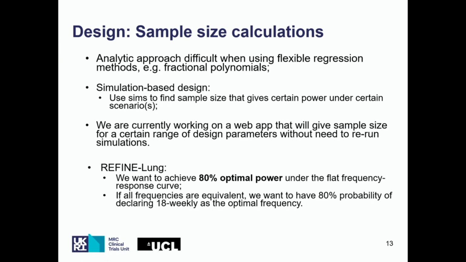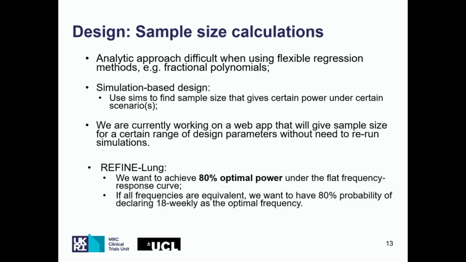In terms of sample size calculations, once we have decided on a specific definition of power that we want to target, the standard approach is just to use simulations to find the correct sample size to obtain that specific power under a certain or perhaps a set of specific scenarios. It is important to stress that this is because if we are using fractional polynomials, then it's difficult to have an analytic approach and find a single mathematical derivation of what the sample size is.